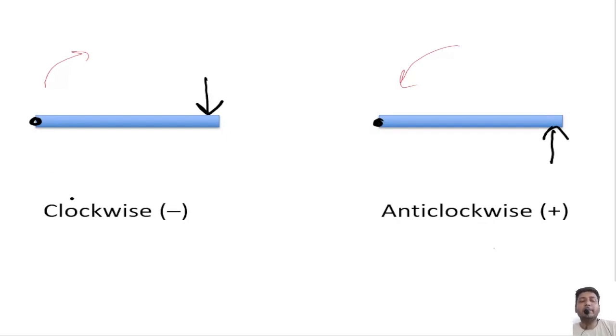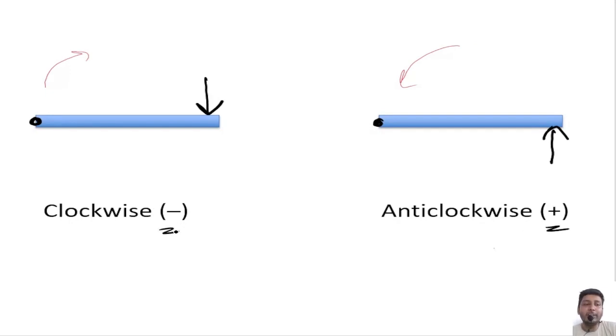We use specific sign conventions to define clockwise rotation and anti-clockwise rotation. So for clockwise rotation, we take the sign of torque as negative, and for anti-clockwise rotation, we take the sign as positive.